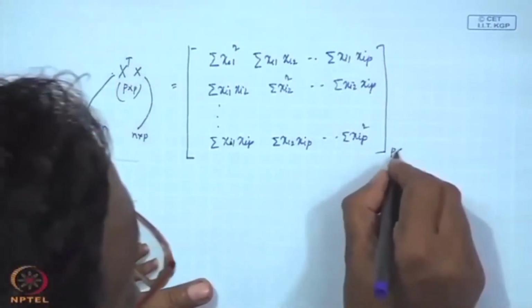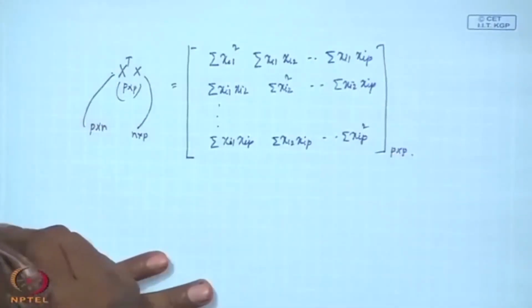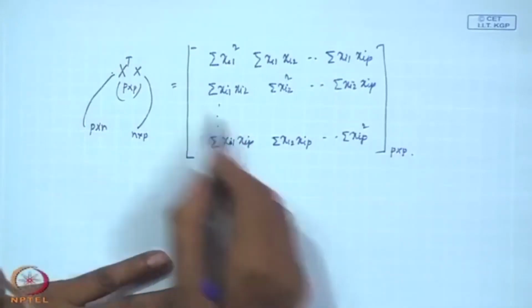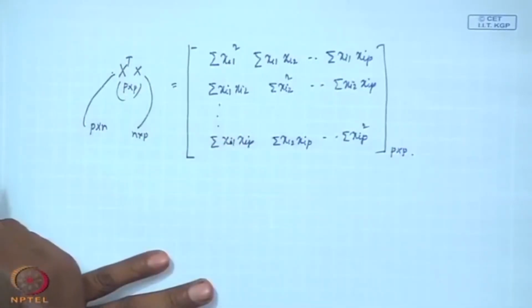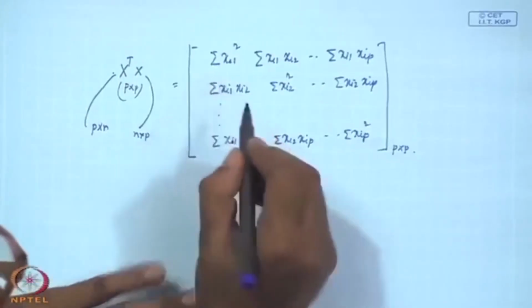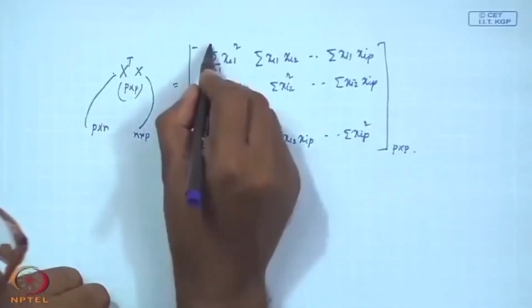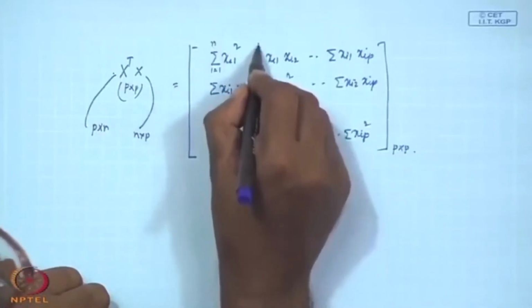So, it is a p cross p matrix, with i equal to 1 to n in all cases.